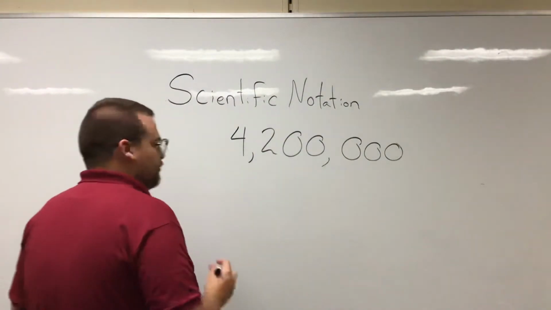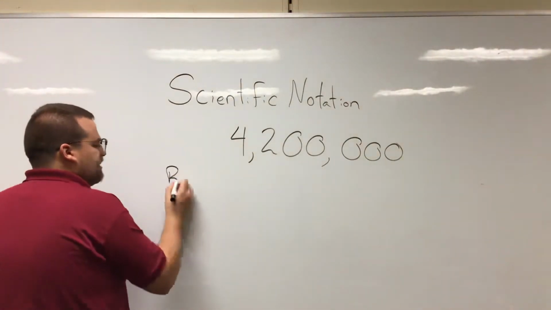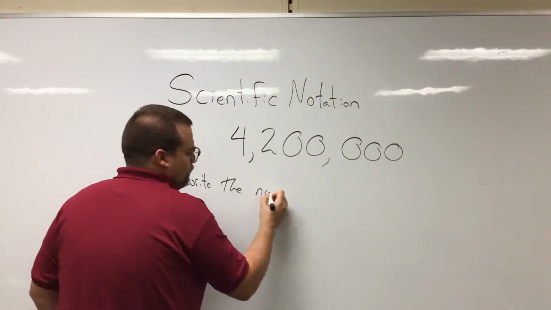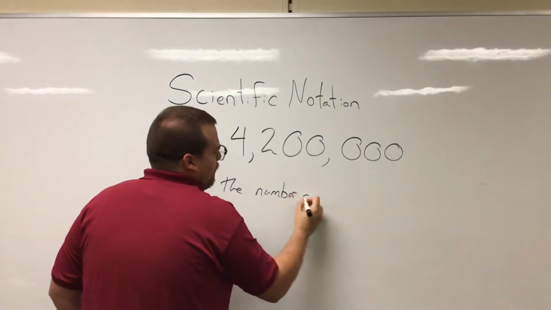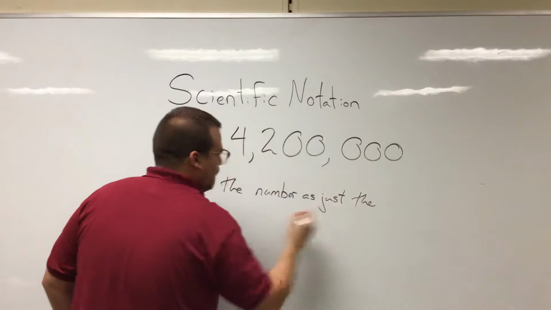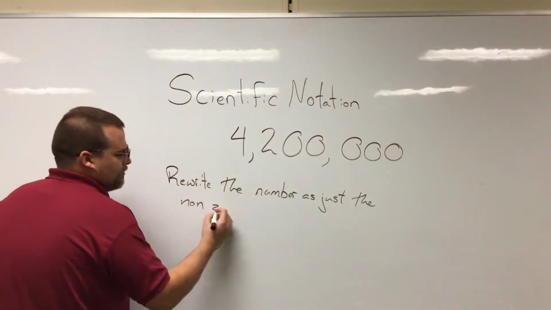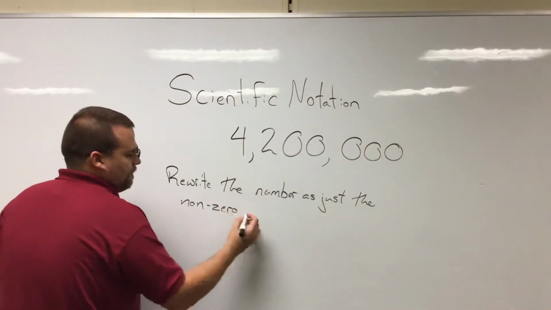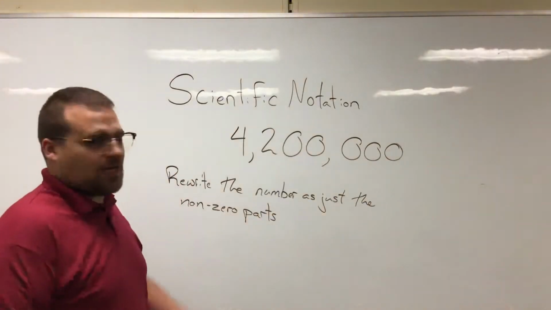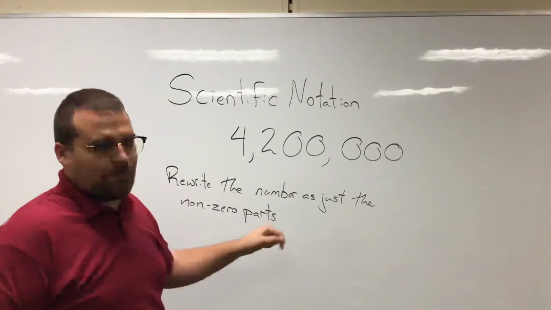So here's what we're going to do. We are going to rewrite the number as just the non-zero parts. And when I say the non-zero parts, I'm referring to the beginning parts.